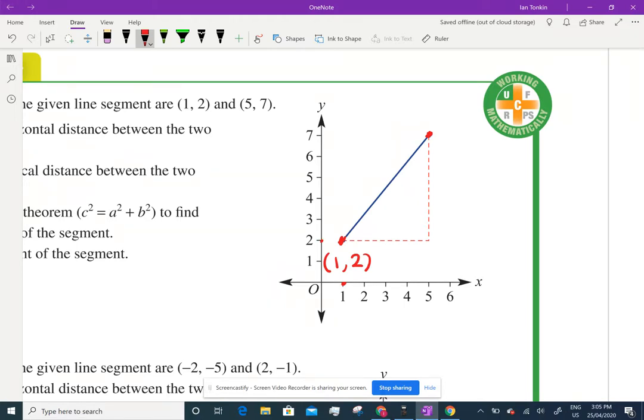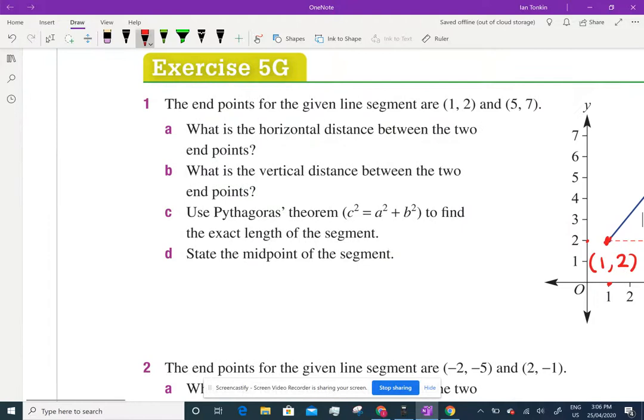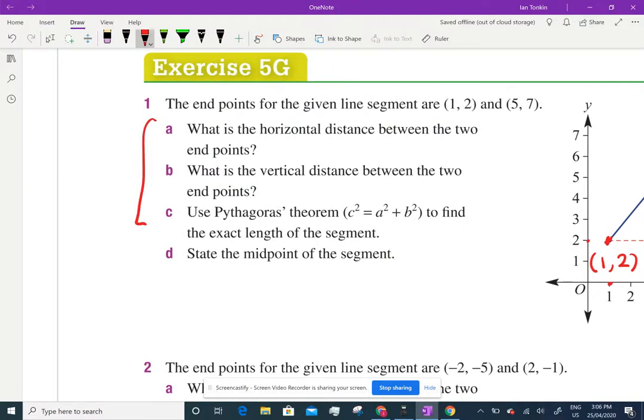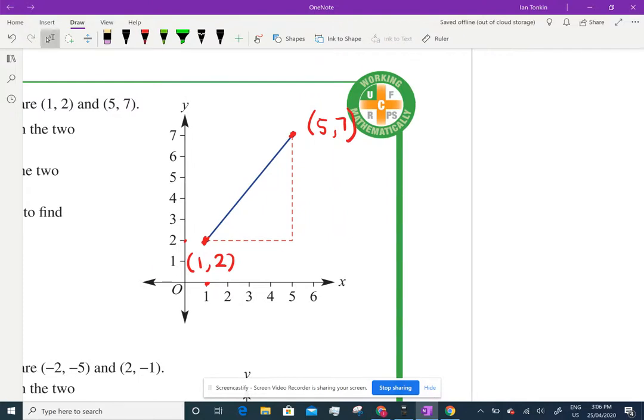Up here, this coordinate is 5 in the x and 7 in the y. Now, I'm going to show you how we get these things. Over here, they say find the horizontal distance, find the vertical distance, and use Pythagoras to find the distance, and we're going to do that.